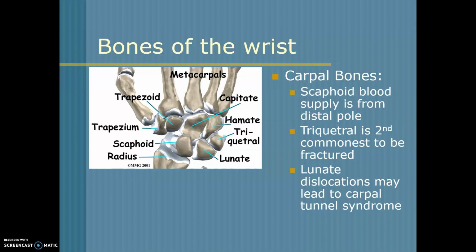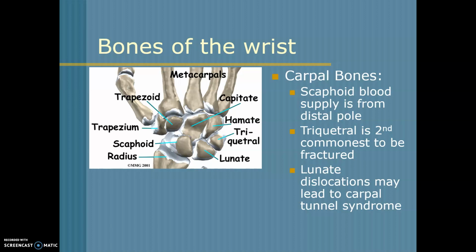So for example, of course, we must know quite a lot about the scaphoid bone and its blood supply, and the fact that when we have fractures of the wrist of the scaphoid, the proximal end of the bone tends to suffer with avascular necrosis, or can suffer with avascular necrosis, because the blood supply is from the distal pole.